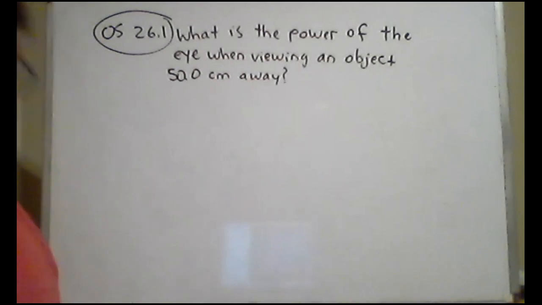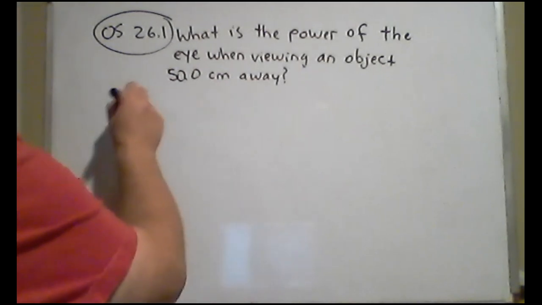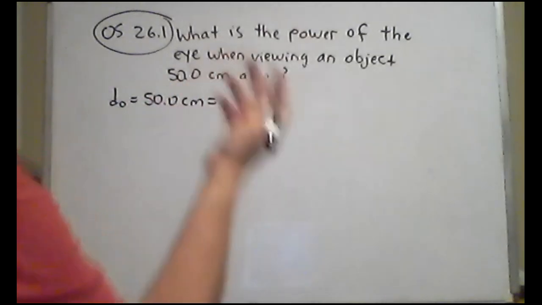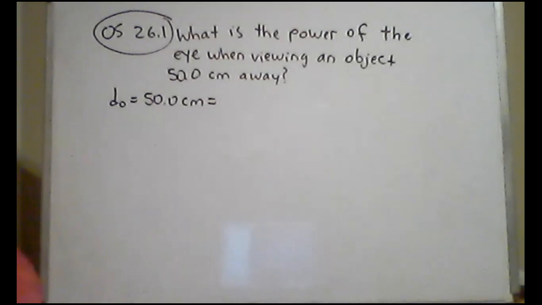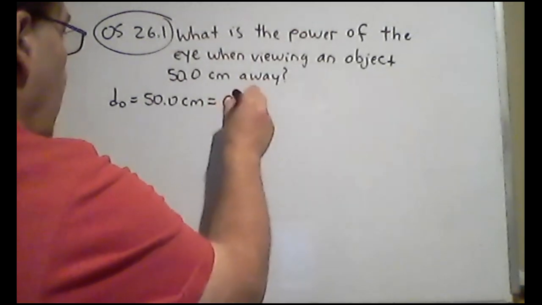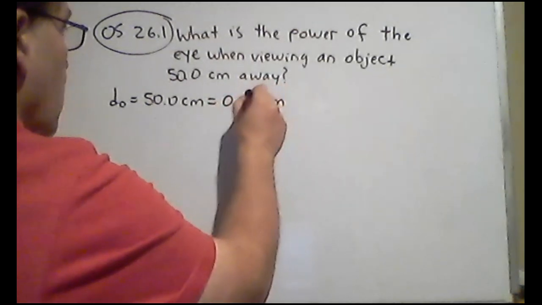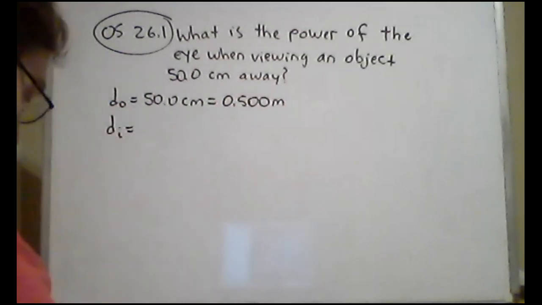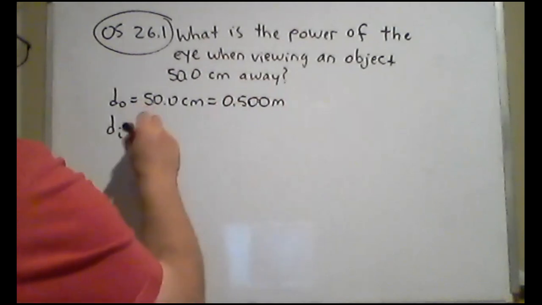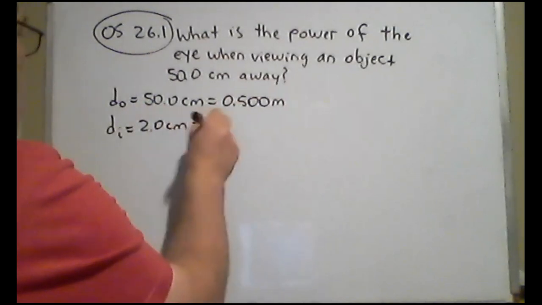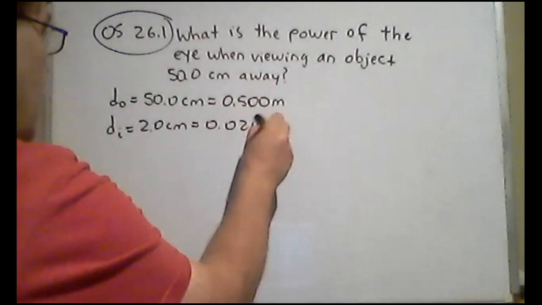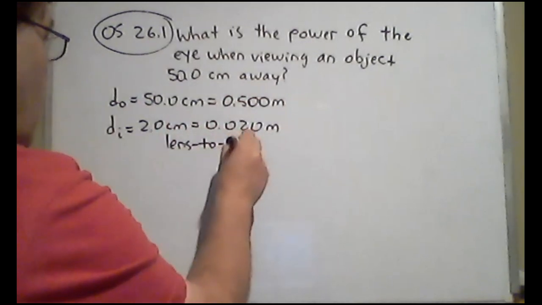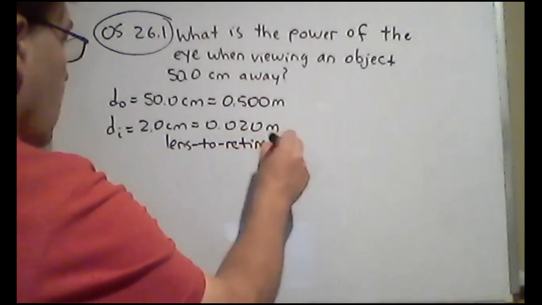What does that mean? Well, that means that d sub O is 50 centimeters. Of course, when I'm talking about power, I have to put that in terms of meters, so that'll be 0.500 meters. All right. D sub I, well, that's always the lens to retina distance, right? That's 2 centimeters, or 0.020 meters. Again, that's the lens to retina distance.